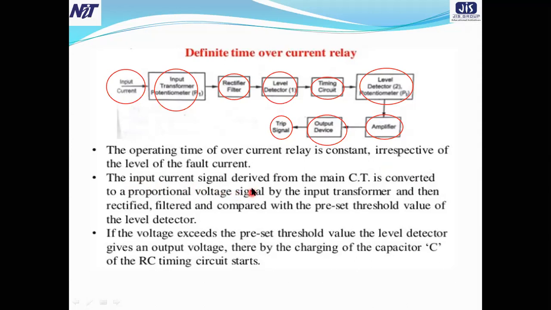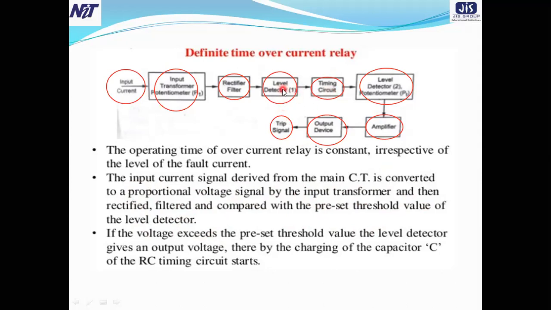The input current signal derived from the main CT is converted to a proportional voltage signal by the input transformer, and then rectified, filtered and compared with the preset threshold value of the level detector.